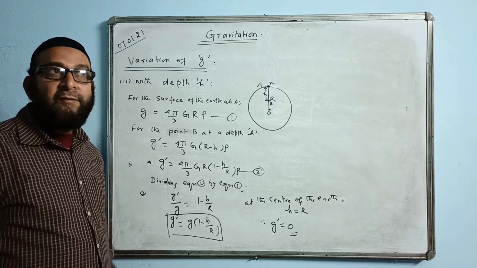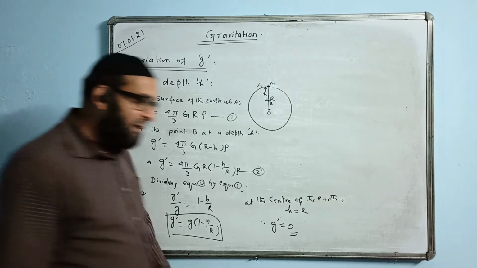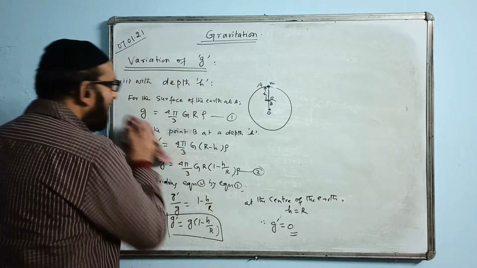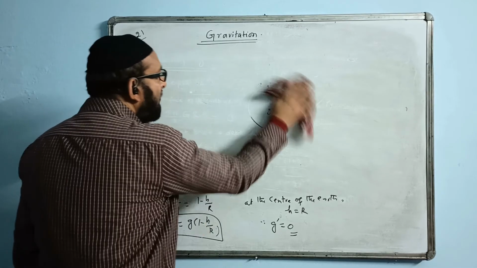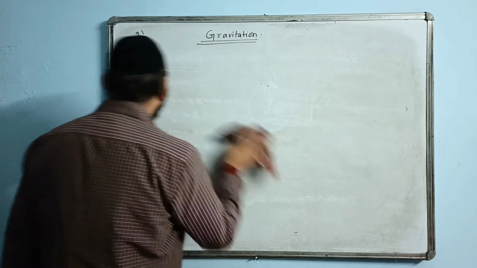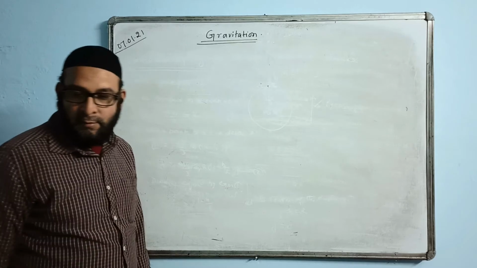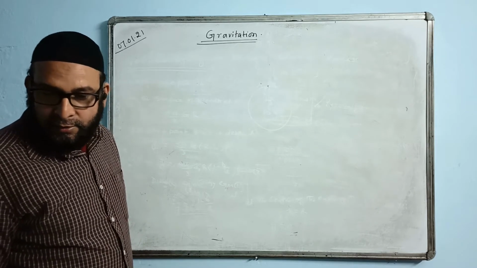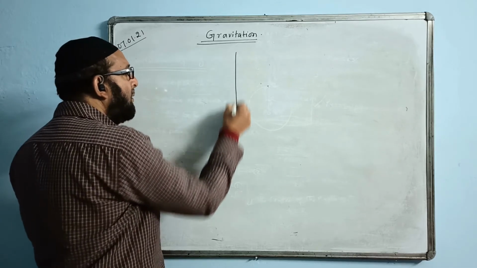Now we draw a graph showing the variation of g with altitude and depth. We draw a graph like this.